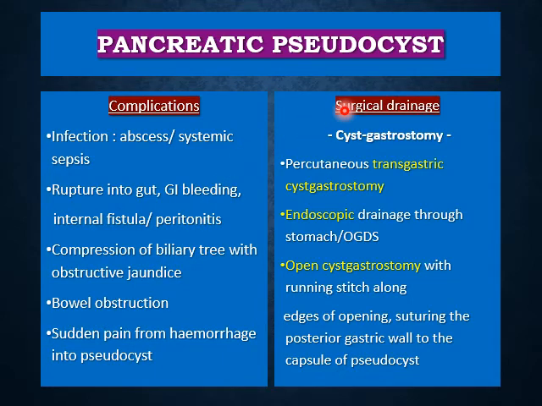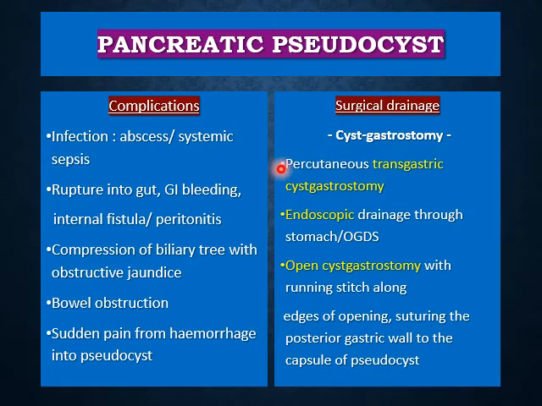Now, the treatment for pseudocyst of pancreas is basically surgical, and this is known as cystgastrostomy, where you create a fistula between the cyst and the posterior wall of the stomach, thereby draining the fluid from the cyst into the stomach.